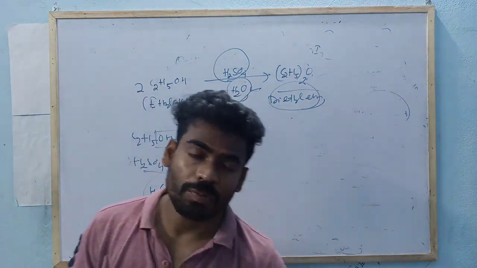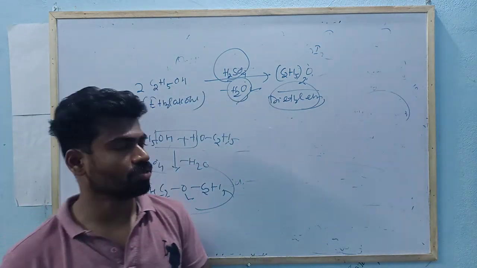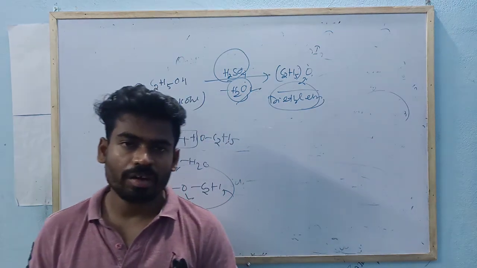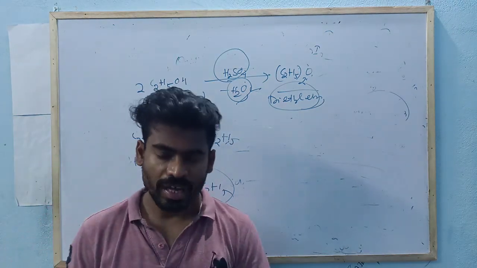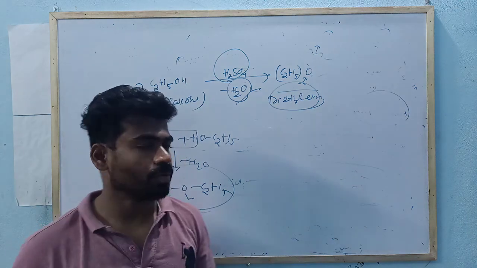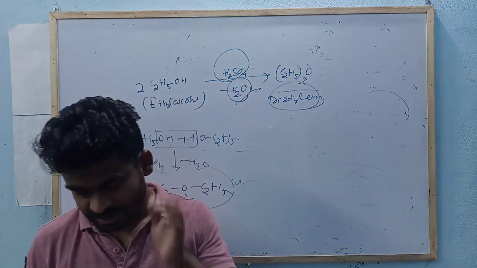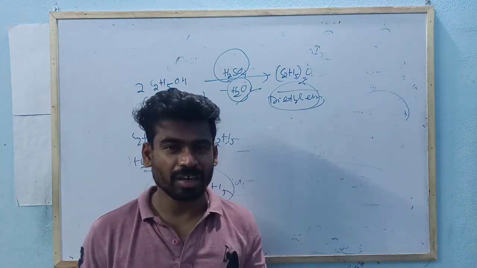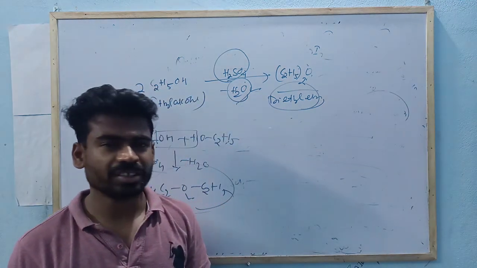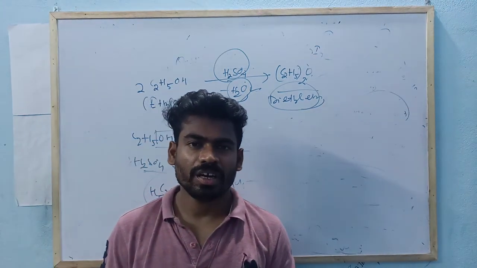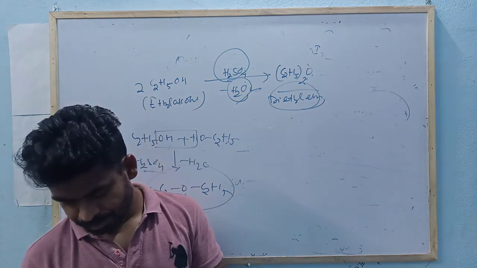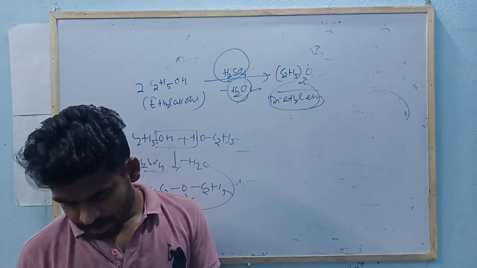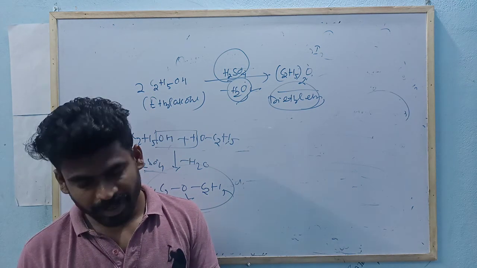We discussed the manufacturing of sulfuric acid by the contact process, also known as the industrial method of preparation of H2SO4, and a few chemical properties. Regarding its uses, it is the king of chemicals, a strong acid frequently used in different laboratories.